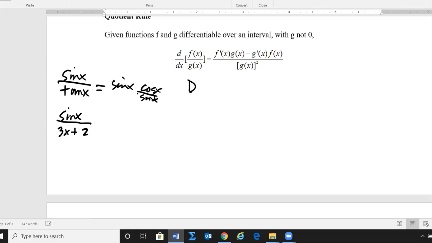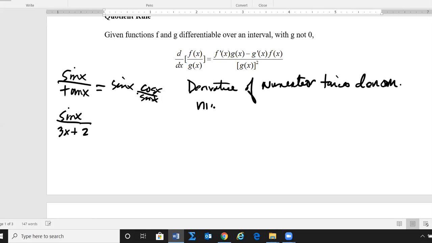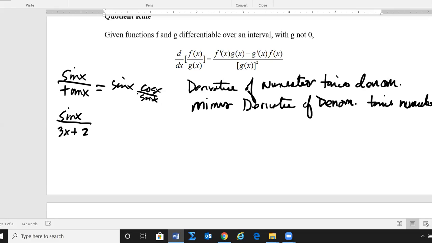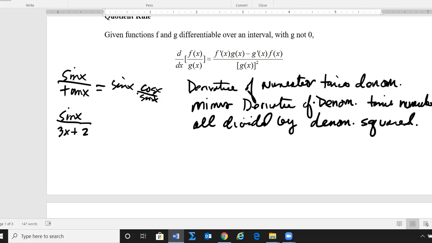It's the derivative of the numerator times the denominator, minus derivative of the denominator times the numerator, all divided by the denominator squared. So that's what you should remember.